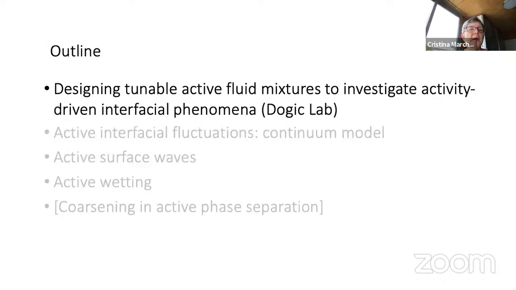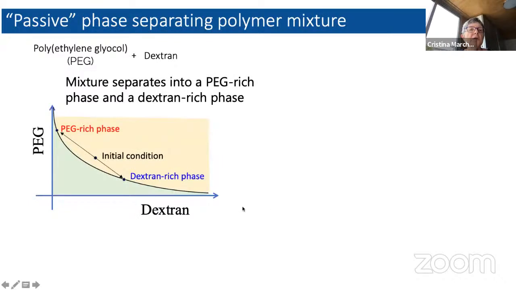So let me start by showing you, first of all, the experimental system that they were able to construct. So what they did is to take a passive phase separating polymer mixture, specifically a mixture of PEG, polyethylene glycol, and dextran. These are two polymers that phase separate in equilibrium.